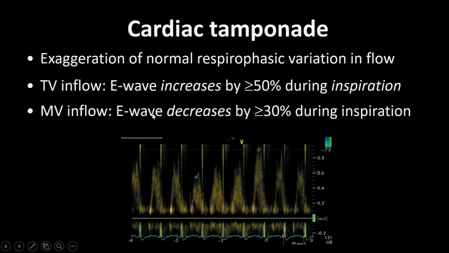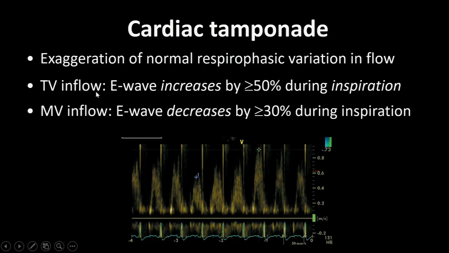And then finally, with cardiac tamponade, what you see on the pulse Doppler trace is an exaggeration of the normal respirophasic variation in flow. So it's normal as you breathe in and breathe out to see some variation in the tricuspid valve inflow and mitral inflow and aortic outflow. But when you have tamponade, those changes are exaggerated or increased.